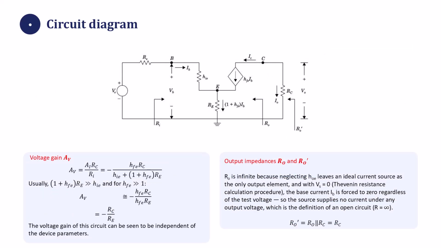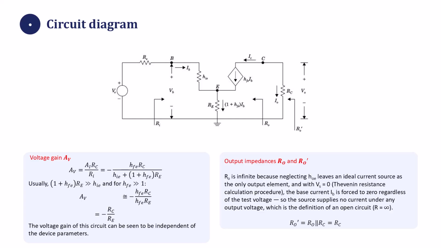Continuing with the same equivalent circuit, let's derive the voltage gain AV. We know AV equals AI times RC divided by RI, which expands to negative HFE times RC divided by the quantity HIE plus 1 plus HFE times RE.